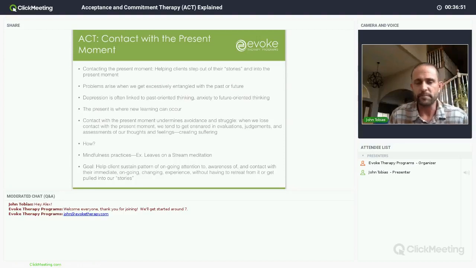So the goal here is to help clients sustain patterns of ongoing attention to, awareness of, and contact with their immediate ongoing changing experience without having to retreat from it or get pulled into their stories. So that's kind of a mouthful, but coming back to the moment, recognizing when they're getting pulled off into their stories, their narratives.